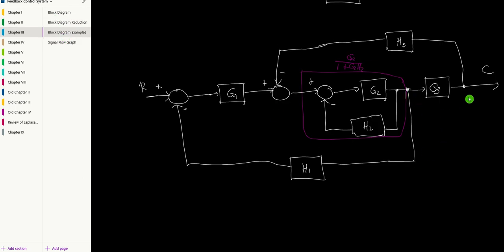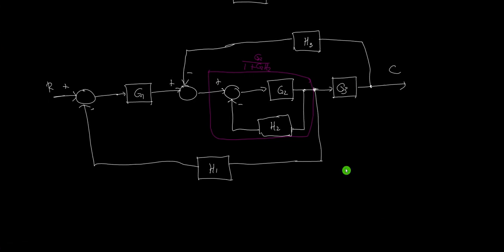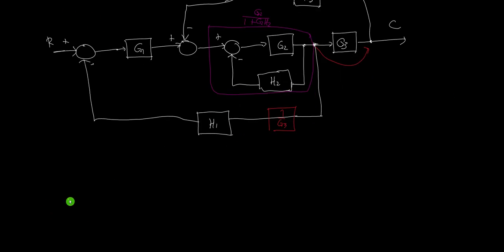So we need to put a block here, and this should be equal to 1 over G3. But why G3? Because we're moving along G3. I move this one into this point. So I need to compensate this with 1 over G3. Let's do that. Then after that, it's already done.